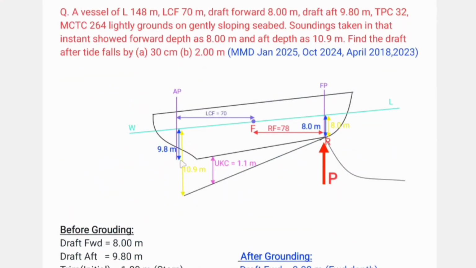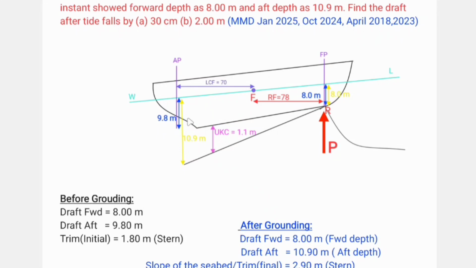So this 10.9 is the depth aft, and 8 meter is the draft forward after grounding. So 10.9 minus 9.8, that is UKC, is equal to 1.1 meter. This is the under keel clearance we have, 1.10 meter.